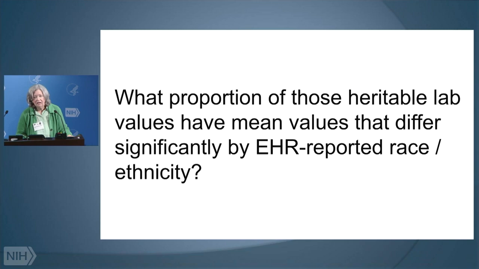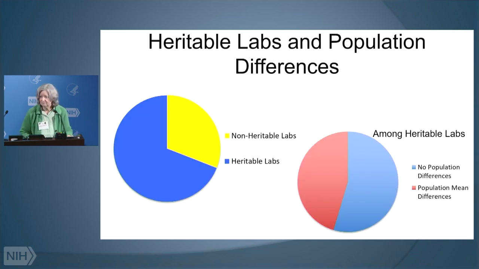So then, if you think about these being heritable and more heritable than physicians realize, what proportion of the heritable lab values have mean values or variances that differ significantly by EHR-reported race ethnicity? 10%? A quarter of them? Half of them.